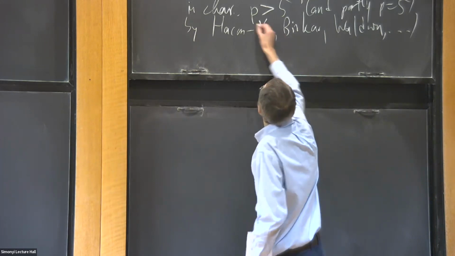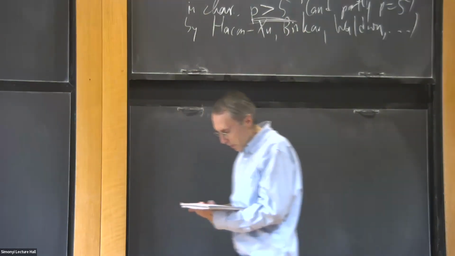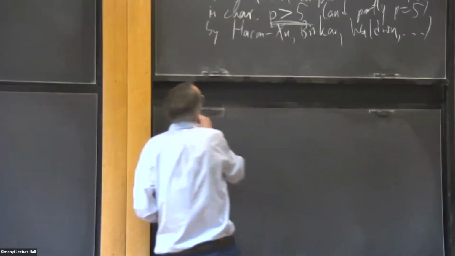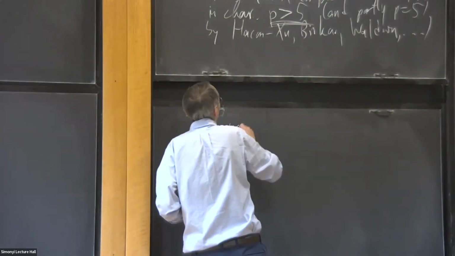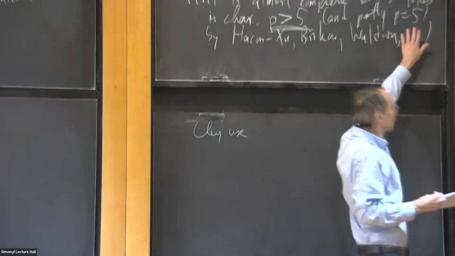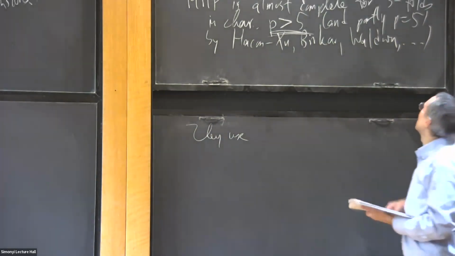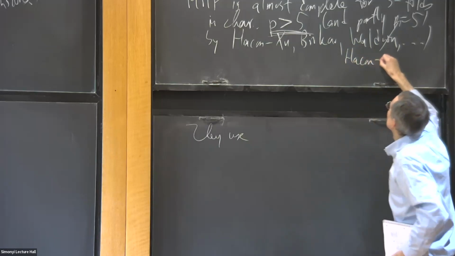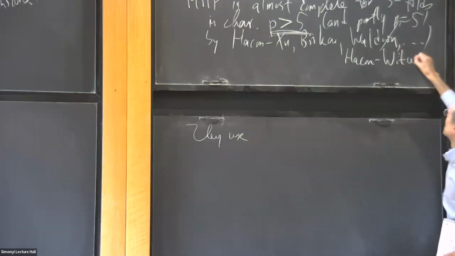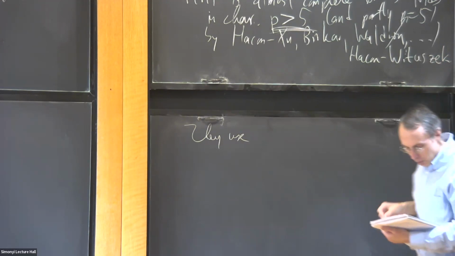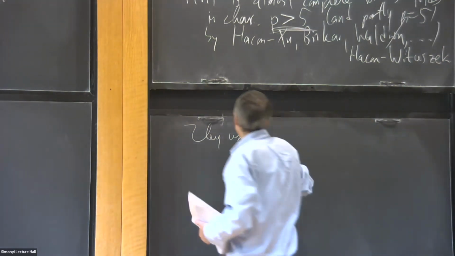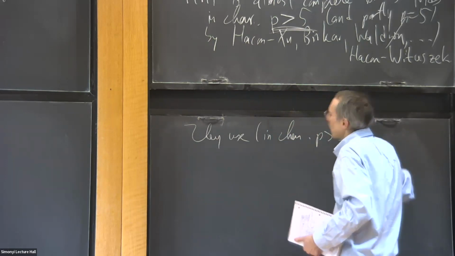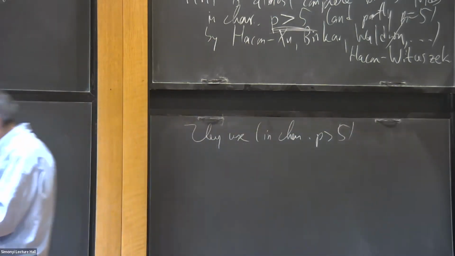Okay, but why this assumption p greater than 5? Where does that come in? This is an incredibly tricky argument by Hacon and Xu. I won't try to explain their highly tricky maneuvers, but in terms of p greater than 5, they use the fact that we know some vanishing theorems.